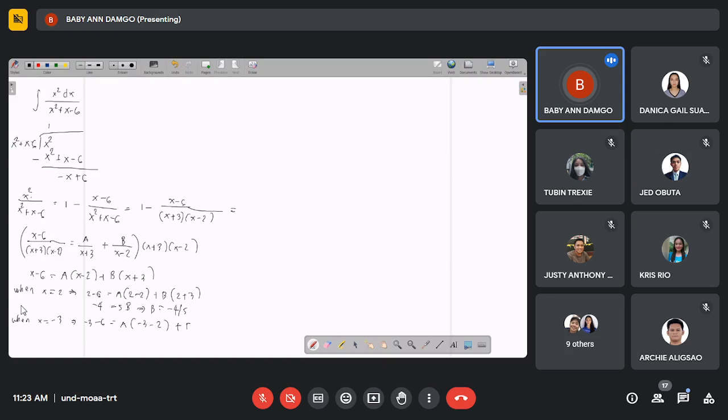Okay, so simplify, we have the integration of dx minus 9 over 5 integration of dx over x plus 3 minus 4 over 5 integration of dx over x minus 2. Okay, so the integration of dx is x, minus 9 over 5 times the integration of dx over x plus 3, which is ln absolute value of x plus 3.